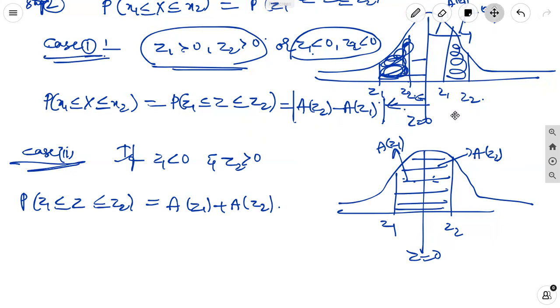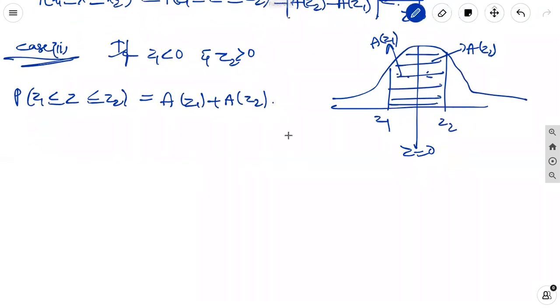In the third case, in step 1, two cases are there. In step 2, these are subdivisions to find the probability of Z greater than Z1.